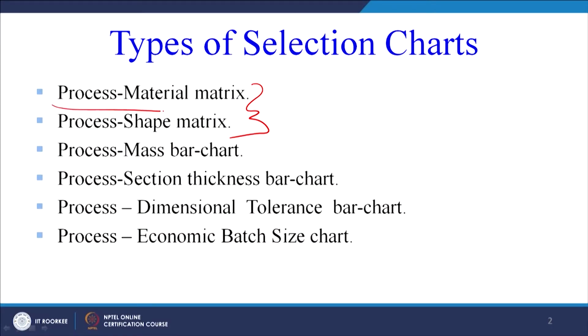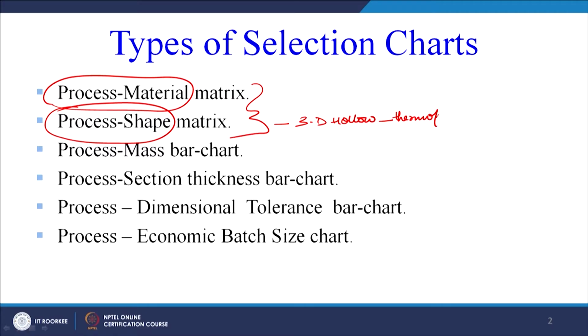The process material, already I have taken an example. The process shape, already taken an example. So process shape, we have already seen that a 3D hollow shape, this is a shape, then the material is maybe thermoplastic and the process is blow molding, one example. So such information is easily available.